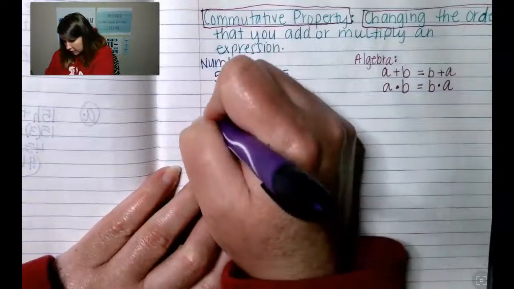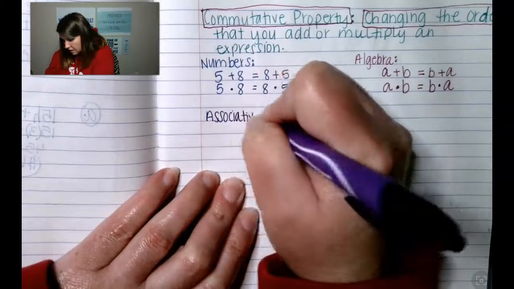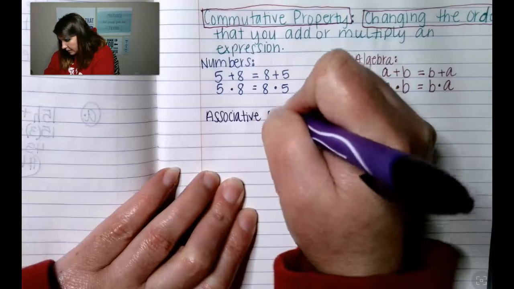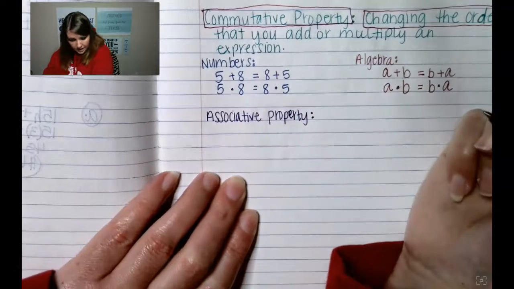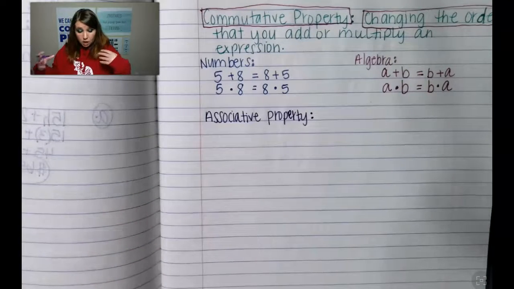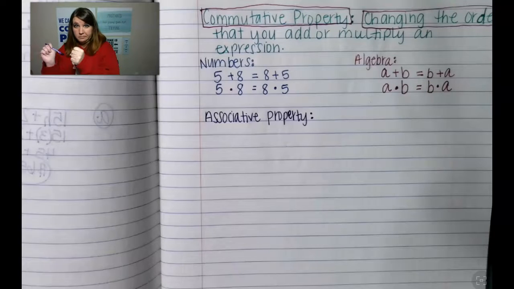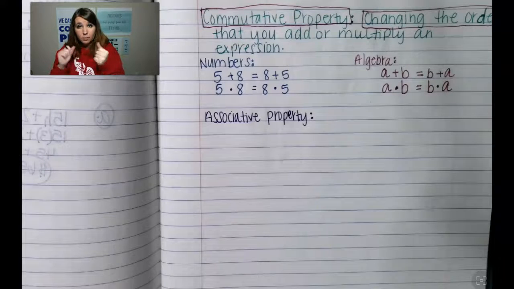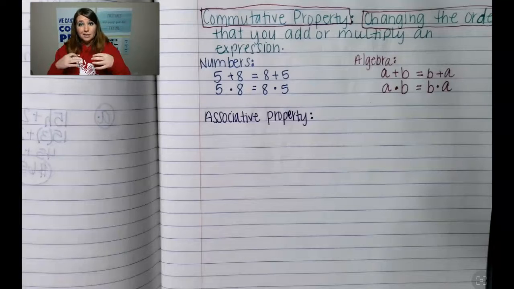All right, associative. Watch how you abbreviate this word, please. Associative property. The associative property is the property that says you can change groupings. You can change what you add in a group from one side to the other and get the same thing. Or you can change what you're multiplying in a group and get the same thing.